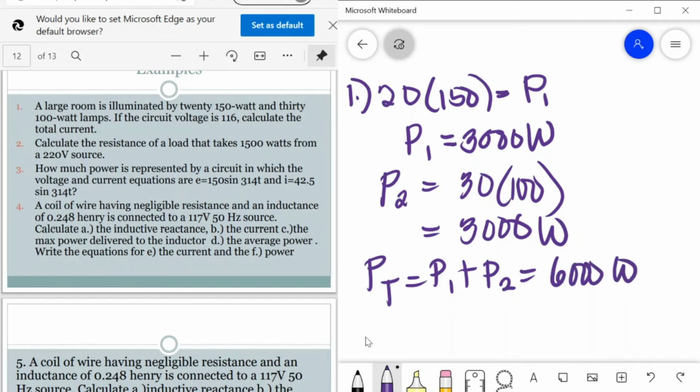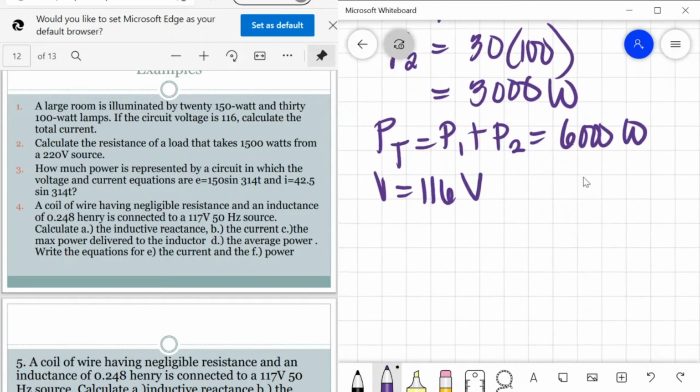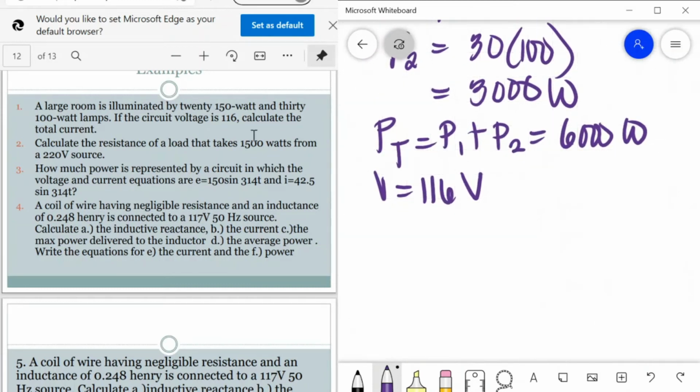And our voltage is 116 volts. Calculating the total current. So this is a resistive load because it is a lamp. That's why our power factor here is equal to unity. Power factor is equal to 1 because cosine 0 is 1.